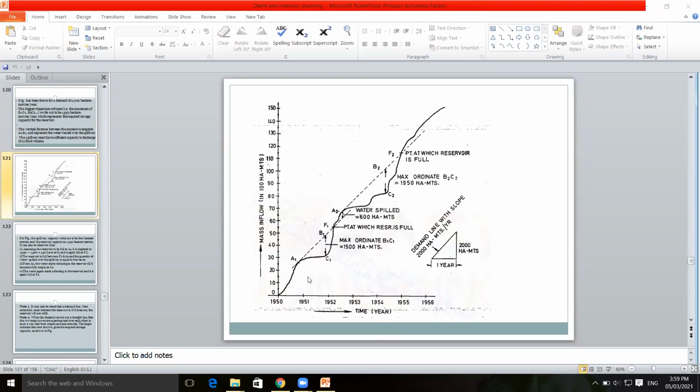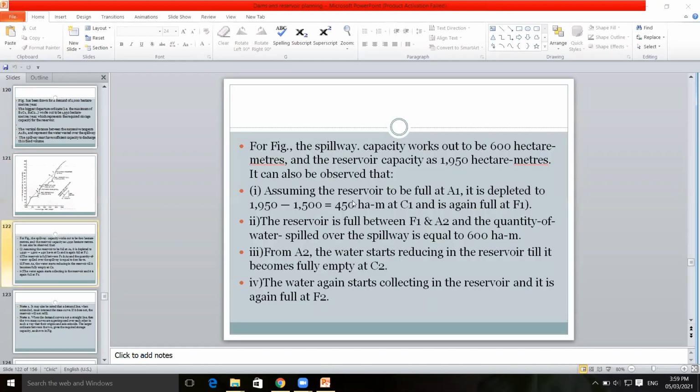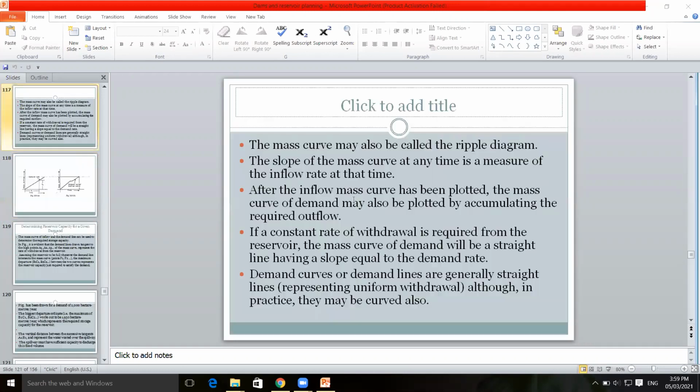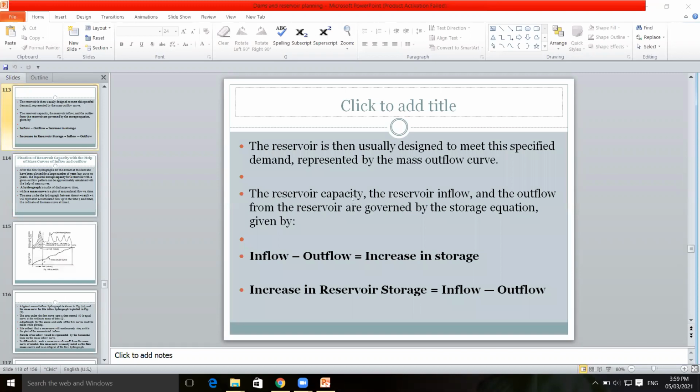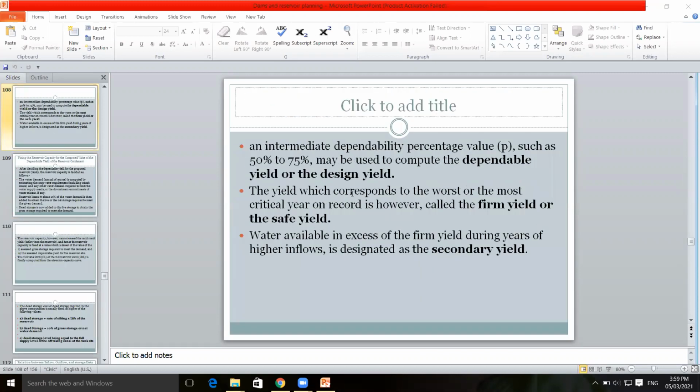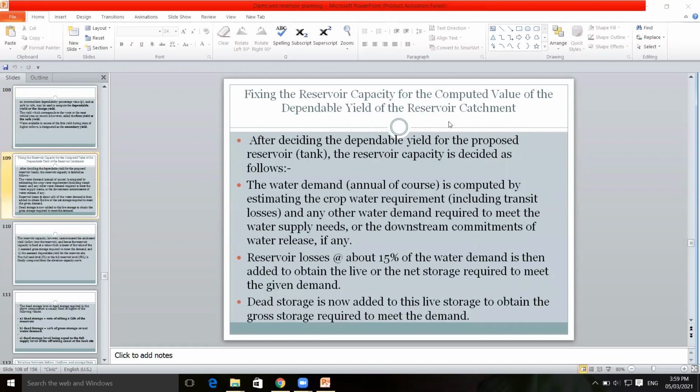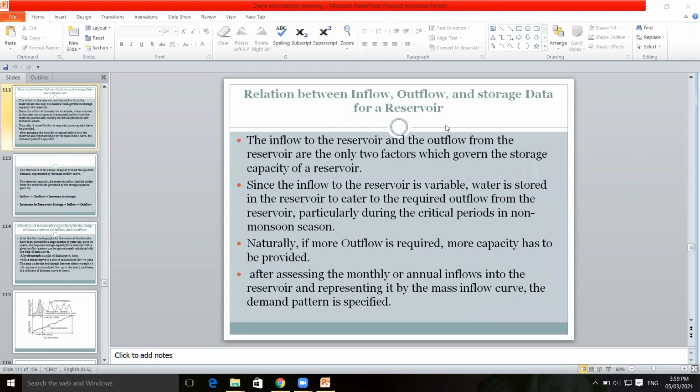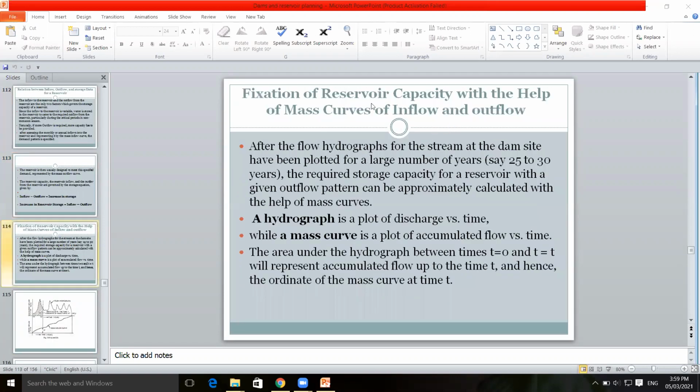Is it clear up to here, how to draw this and how to calculate the reservoir capacity? First we saw the determination of reservoir capacity by the dependable yield of the reservoir catchment. Then we saw the determination of reservoir capacity with the help of the mass curve of inflow and outflow.